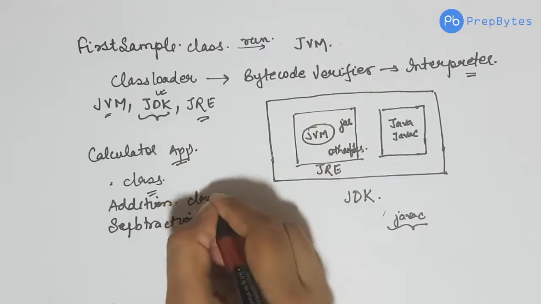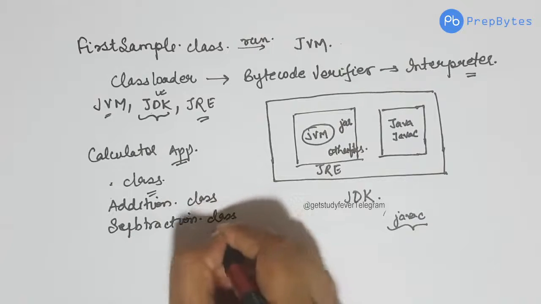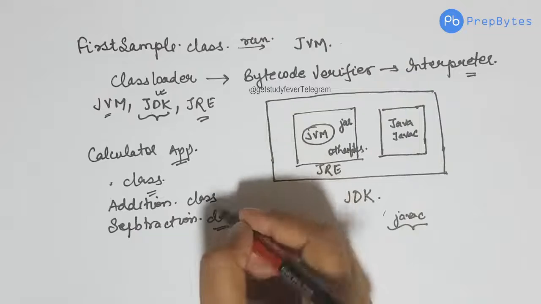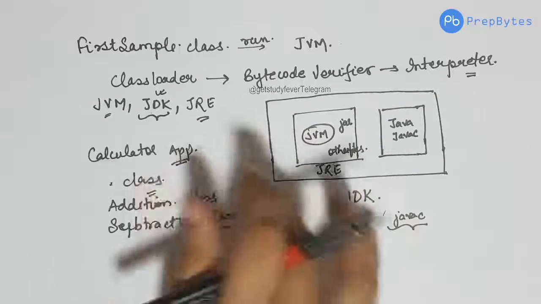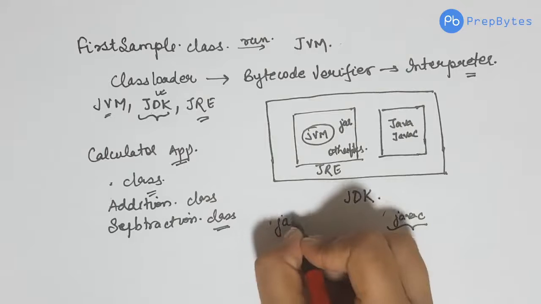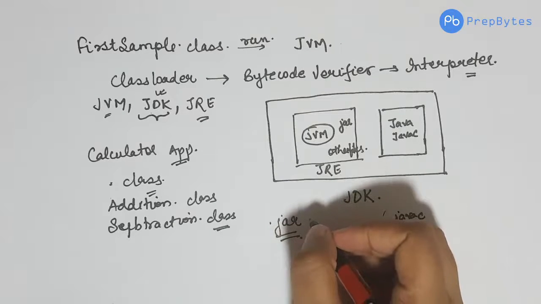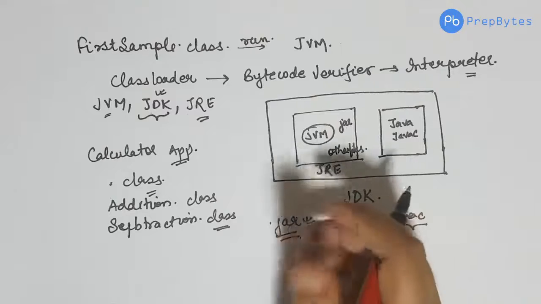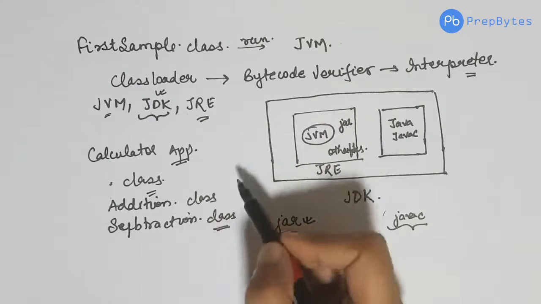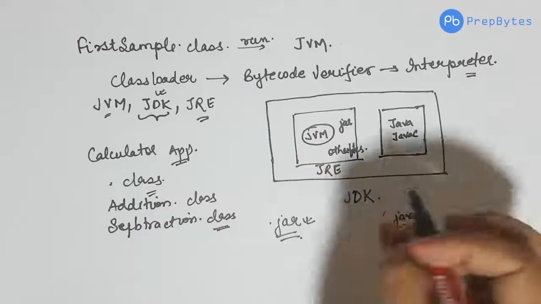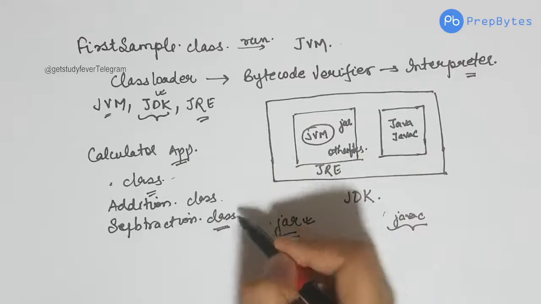So let's say I have addition.class and subtraction.class. Whenever I have to build a calculator app, I will write all these .class files and pack them inside a .jar file. So I can say that .jar is a file format in which we can distribute a Java application, and it contains all the .class files that are required for a calculator app or any Java application. So it is a collection of these .class files.